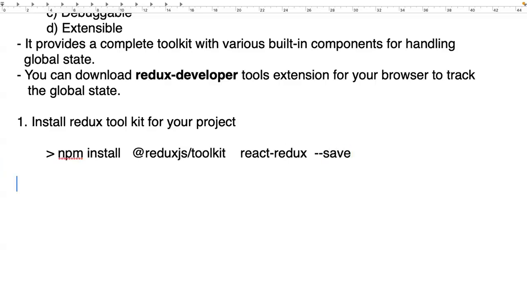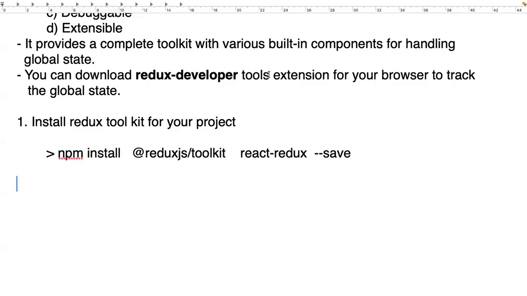Remember, this is not only for React. Don't think that Redux is for React. It is for any JavaScript based technology. Even in an ordinary simple HTML JavaScript page you can use Redux. So Redux is not React related. Redux is a JavaScript library.